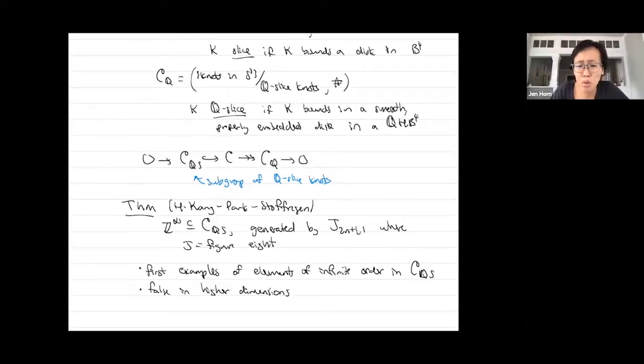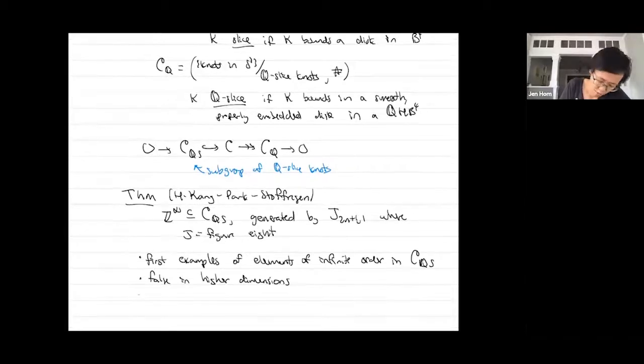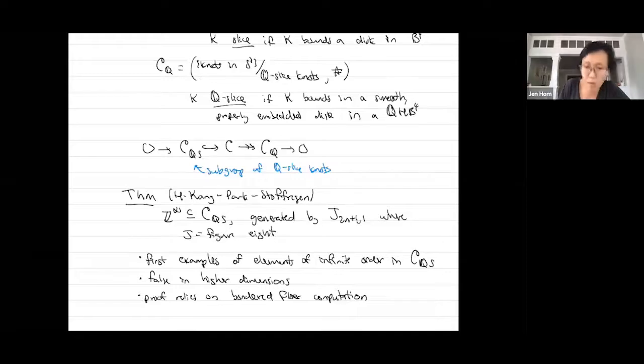And what tools does the proof rely on? Well, the proof relies on a computation using bordered Floer homology. That's how we compute the invariants for this family of knots.